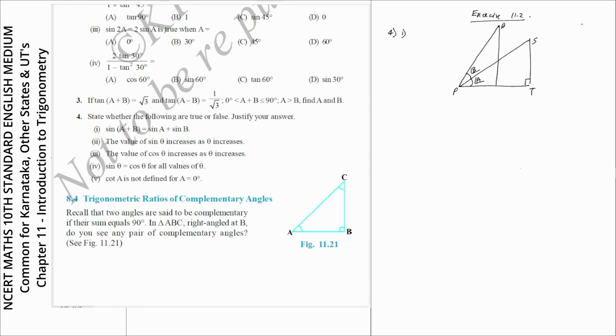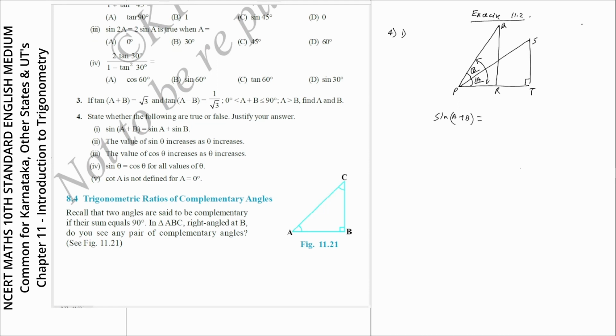Let these be Q and R. Now what is sine of angle A plus B? Now this whole angle is A plus B.